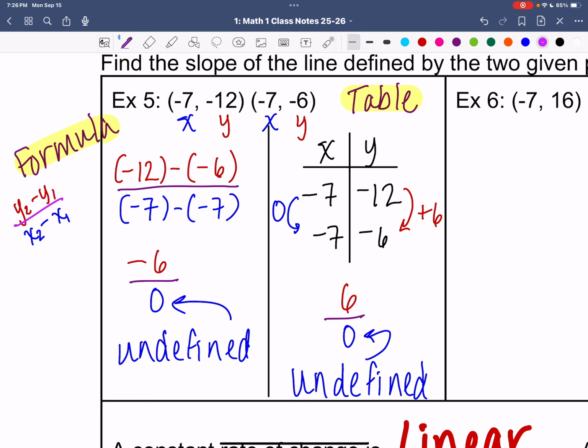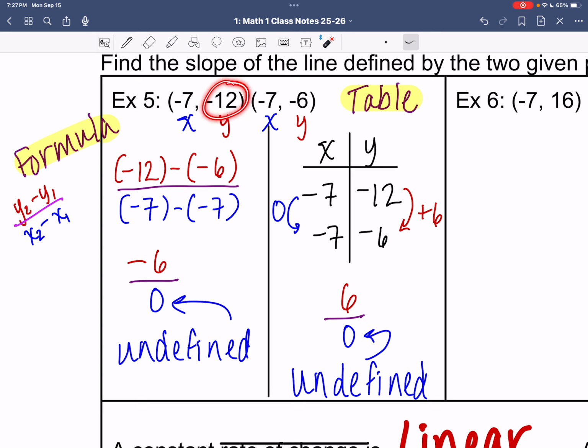Now, what I like to do is always put the values in parentheses in case you have multiple negatives. It doesn't matter which one's the y2 and the y1. For me personally, I like to just use the first number for your y, but you could start with negative 6 if you wanted to. We'll still get the same answer.